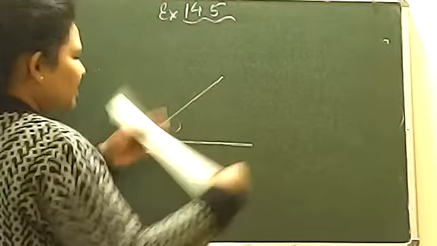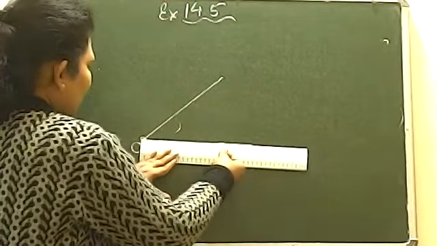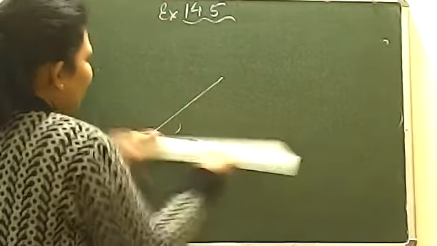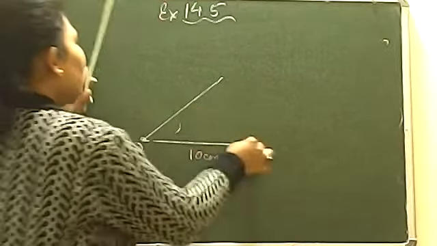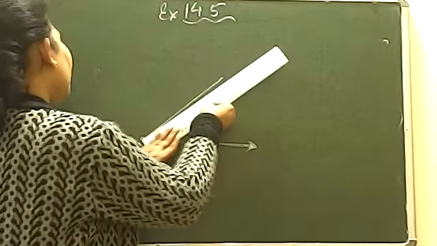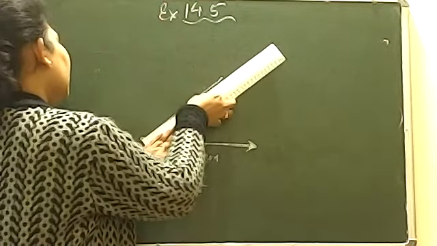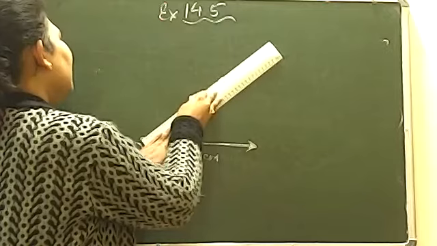So I am taking the scale. It's 10 centimeter. This is 10 centimeter, OA. And I am also measuring OB. It is not 10. I have to increase it a little bit more.